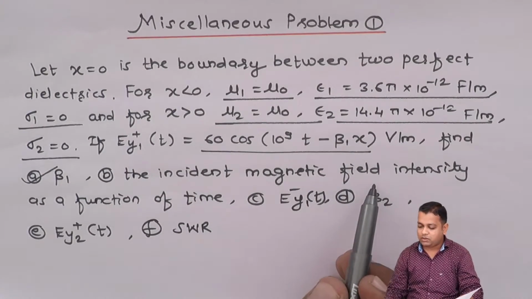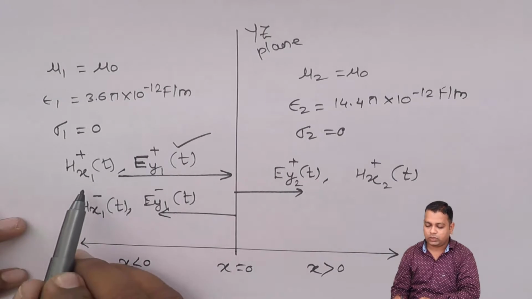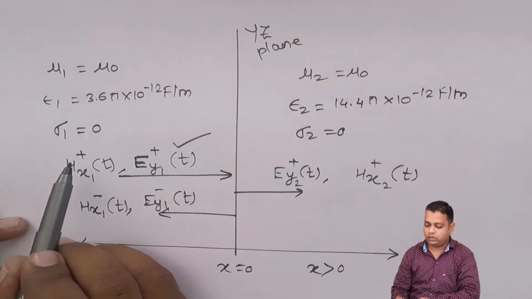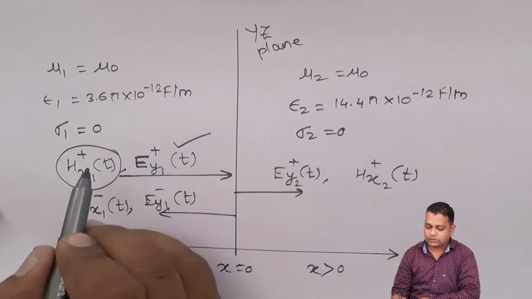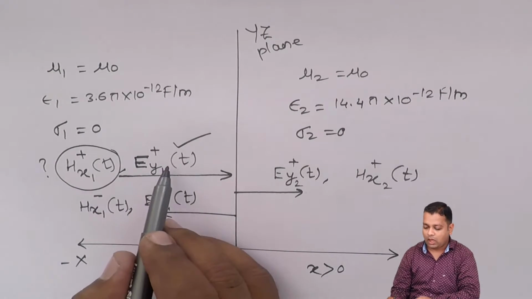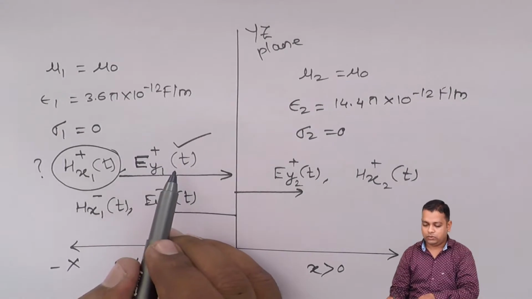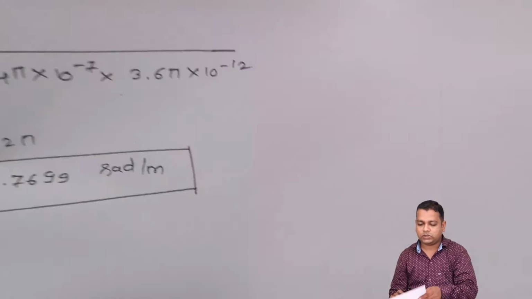Magnetic field intensity is denoted by H. The incident one will be in medium 1, and the positive sign will denote the incident wave. So Hx1 as a function of t is required to be calculated. We have Ey1, that is the incident electric wave. So, with these particular things available, we shall proceed to get the answer for part B.